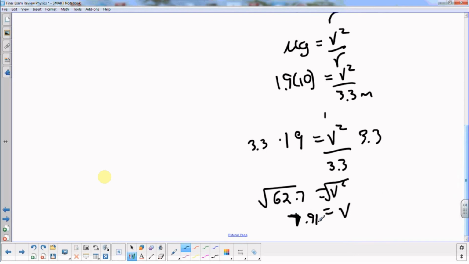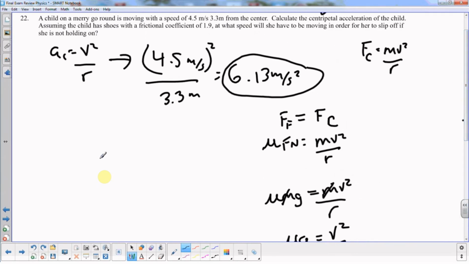And the question really is, and I can go back and explain this a little bit more now. So 7.9 meters per second. When the kid's not holding on and the shoes are thrown in there, so the kid's feet, here's the merry-go-round.